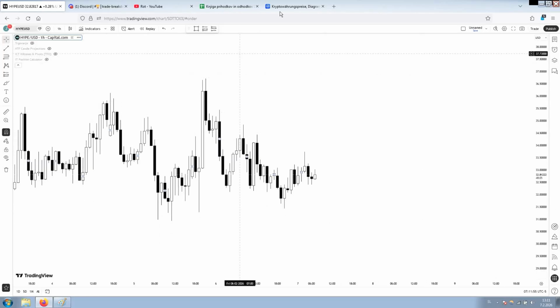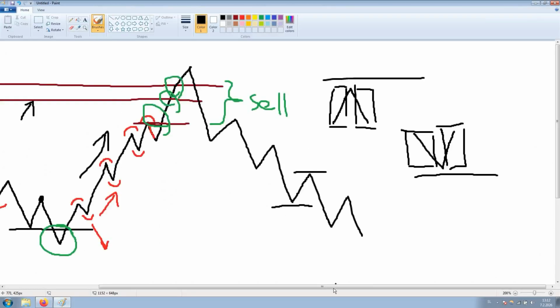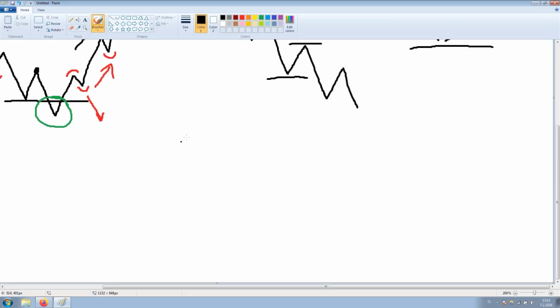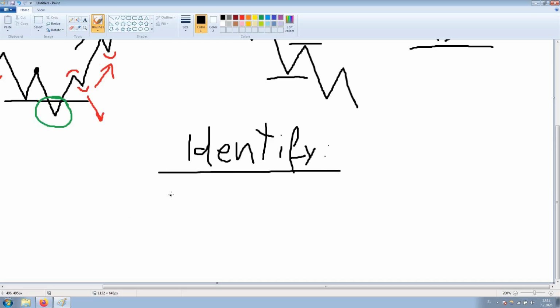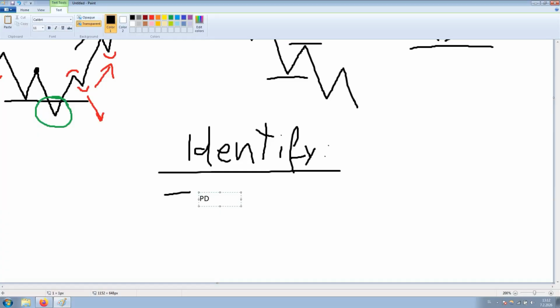So how do we identify liquidity? We have to take a look at the previous day low and previous day high.